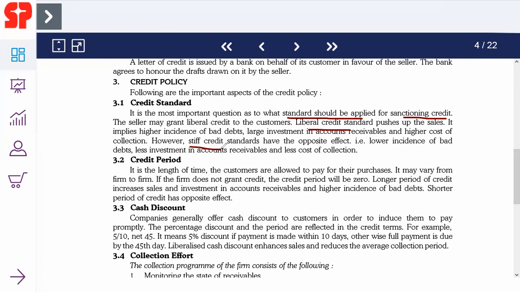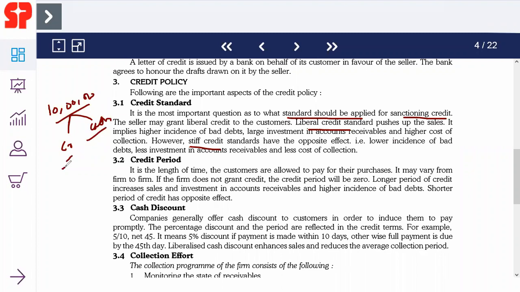And you can decide the ratio also. Suppose a person is purchasing goods worth 10 lakh rupees, the entire 10 lakh you cannot give on credit. So here you have to decide what will be the standard portion of credit and what will be the portion of cash payment. Understood?